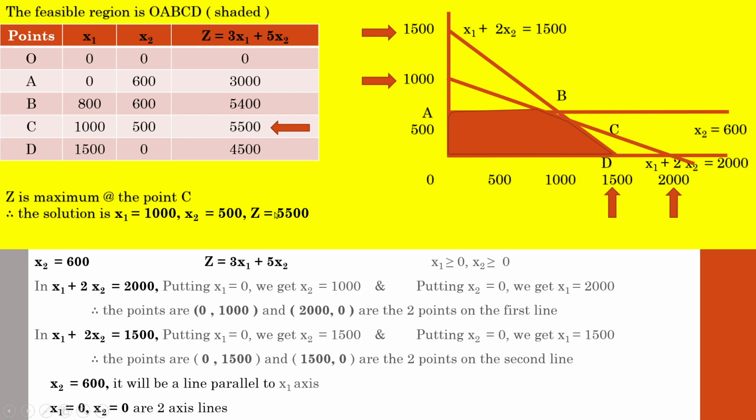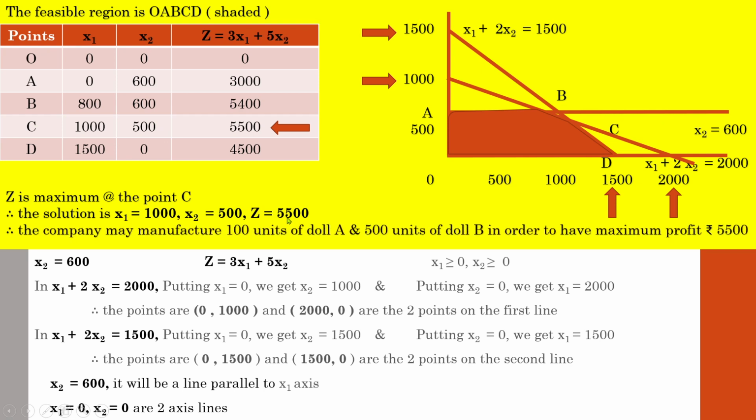So in order to get the maximum profit of 5500, you need to produce 1000 units of doll A and 500 units of doll B. So that was the concept. So the company should manufacture 1000 units of doll A and 500 units of doll B in order to earn a maximum profit of 5500.